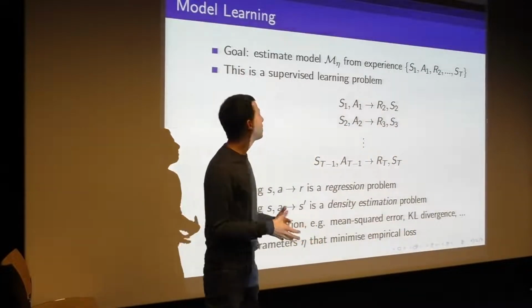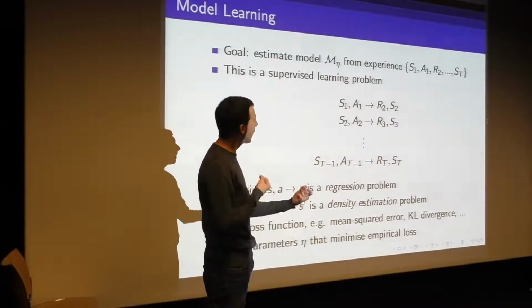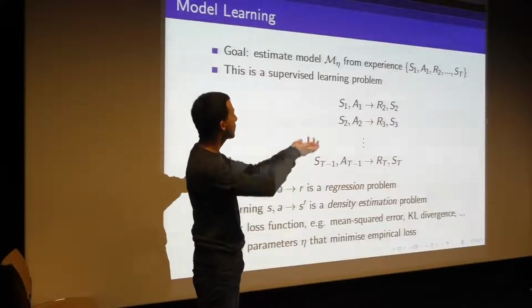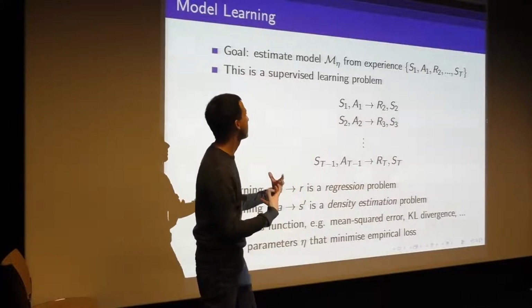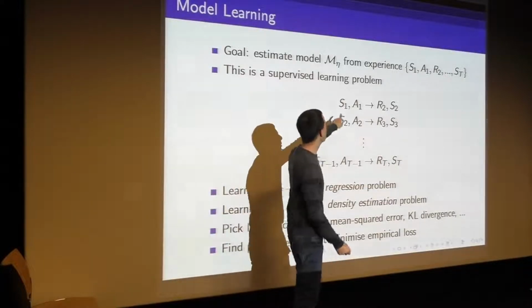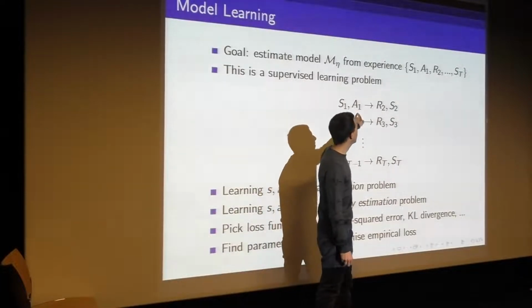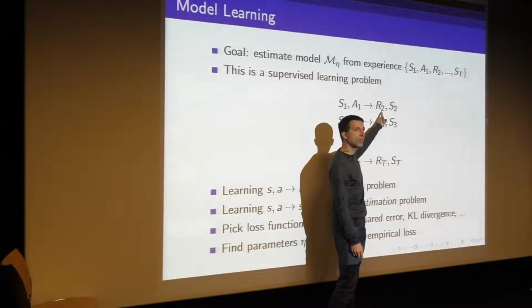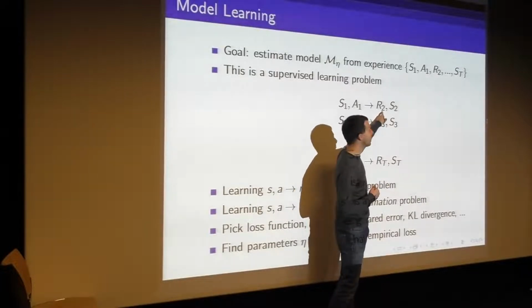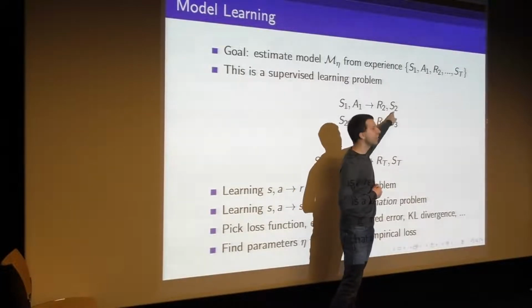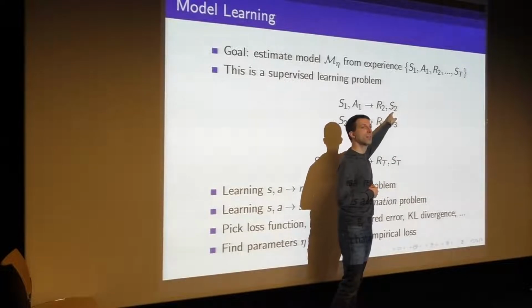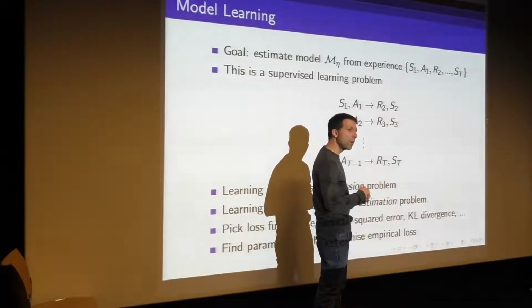Now it should be relatively clear that we can actually transform this into a supervised learning problem. Specifically, I was in state S1, I took action A1, and I ended up seeing an immediate reward, the reward we got from that time step, call that R2, and the state that we ended up in, S2. So that's just after one immediate step.